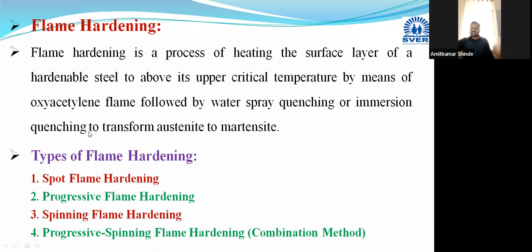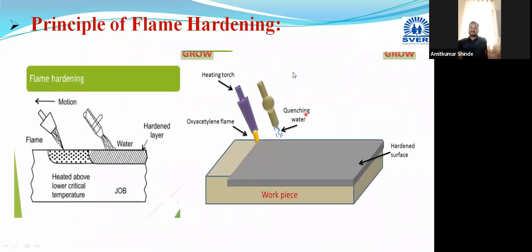Whichever austenite is formed in this higher temperature zone due to the heating by the oxyacetylene flame, due to rapid quenching, will get converted to martensite, and we will get the hard and wear resistant surface.